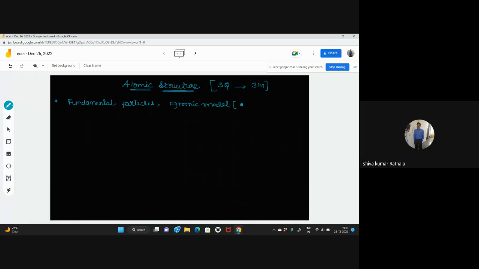In that, you need to focus more on Bohr's theory. Next, after Bohr's theory, we are going to discuss quantum numbers and electronic configuration.